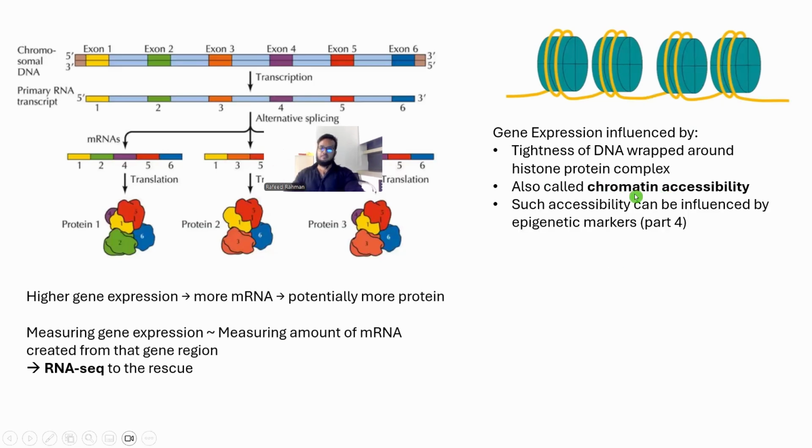This accessibility can also be influenced by epigenetic markers like methylation, acetylation, etc., which we talked about in part 4 of this series. So epigenetic markers also indirectly influence gene expression. And finally, there is a class of proteins known as DNA binding proteins. If these proteins bind to DNA near the promoter region, they can positively or negatively influence gene expression.